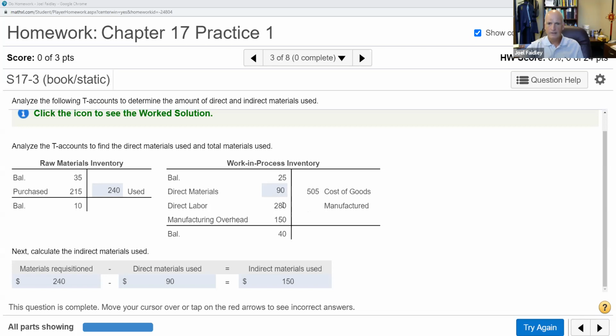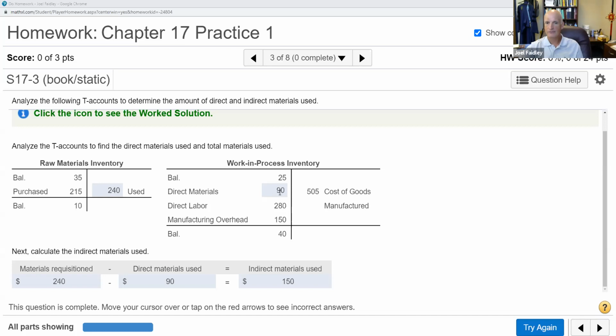$90 and 280 is 370. That's 520. All right, 25 plus 520 is 545 minus 505. There's my calculator, leaves 40, right? So 25 plus the total of these 3 minus this is equal to 40. So the total of these 3 has to be what? $520.